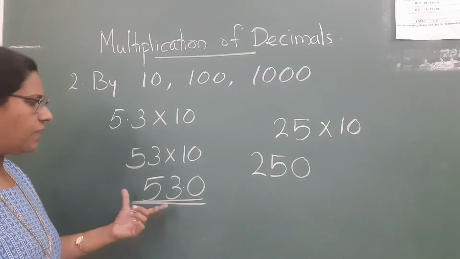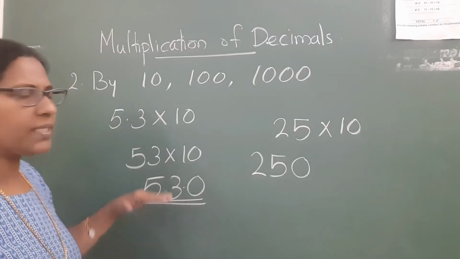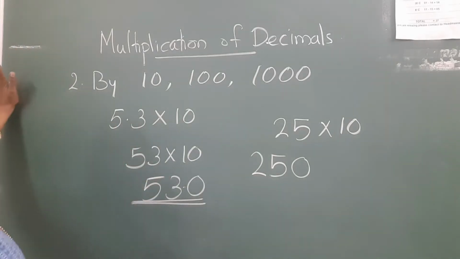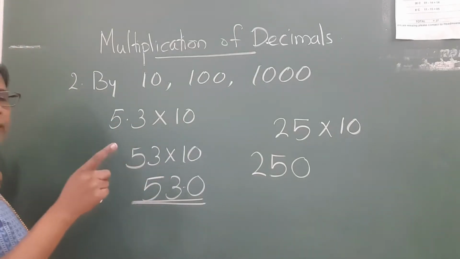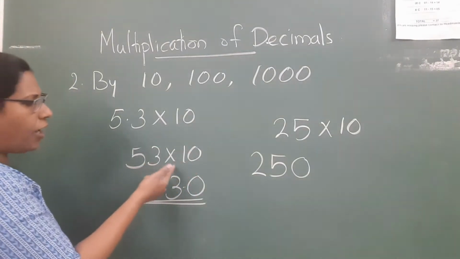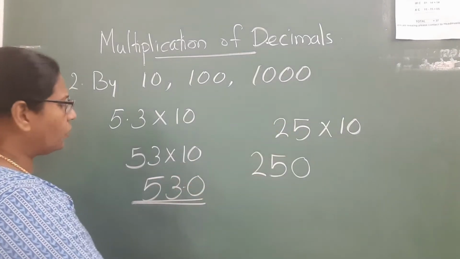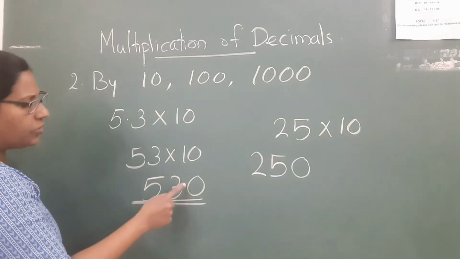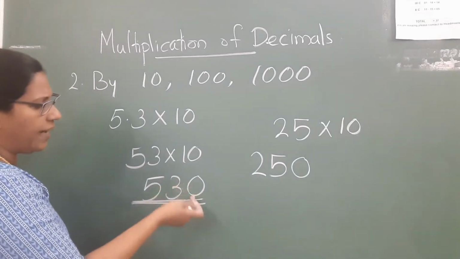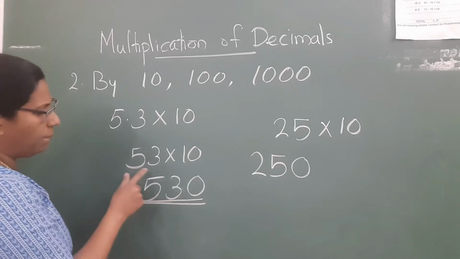This is so easy. By 10, 100 and 1000 is very easy. First we have to ignore the decimal and write 53 into 10. Then, no need to do the multiplication, we write 0 at the right side of the number.